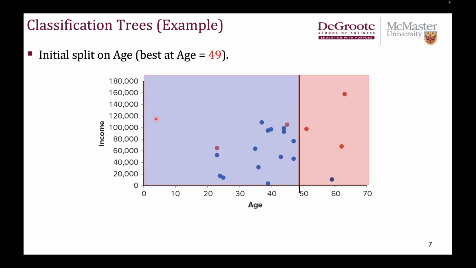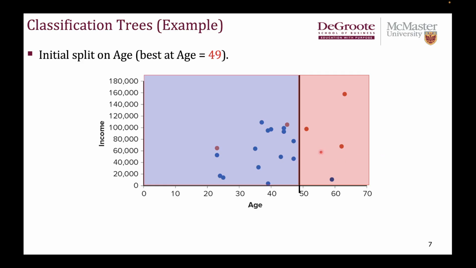So after I divided the whole region into two parts, I want to see how pure each of those two partitions is, right? So the purer the better, because in each region, eventually I want to select a certain label to represent the whole region, right? So if a region is predominantly having data points belonging to a certain label, then I will be more confident in casting my prediction, right?